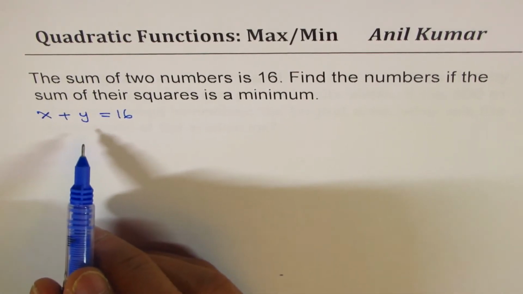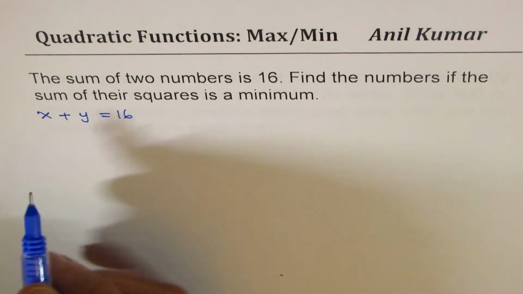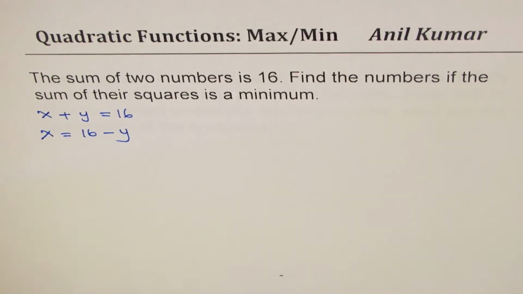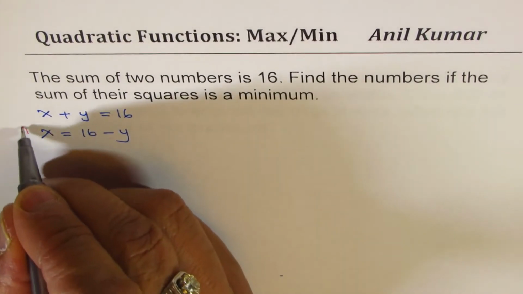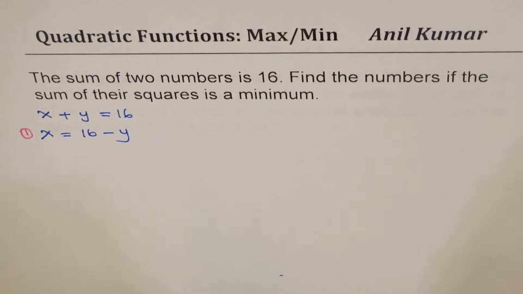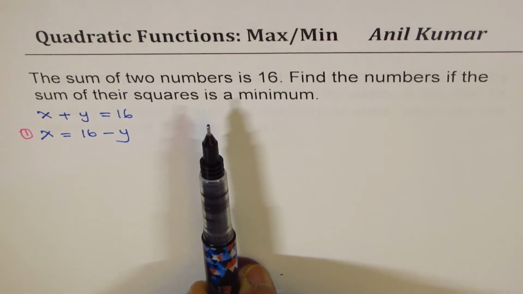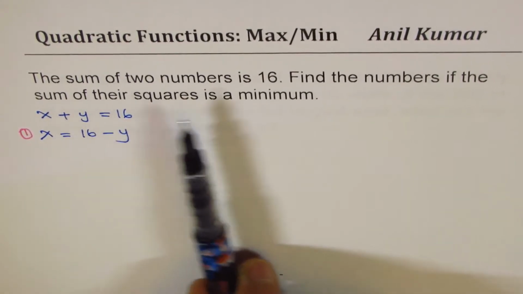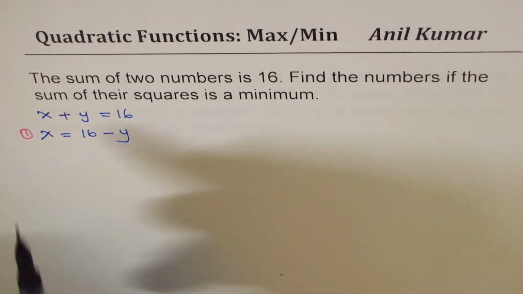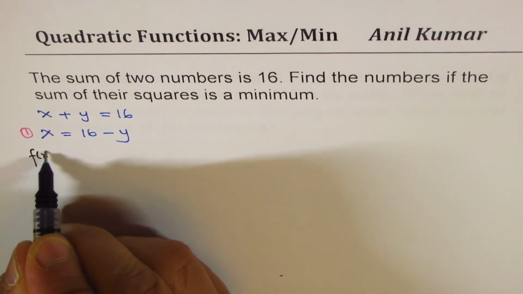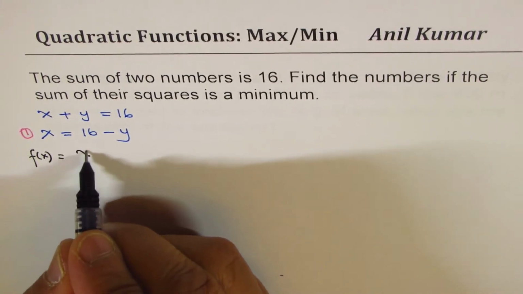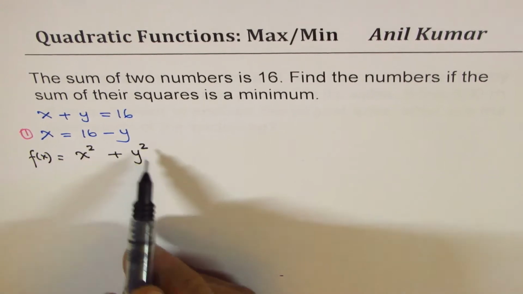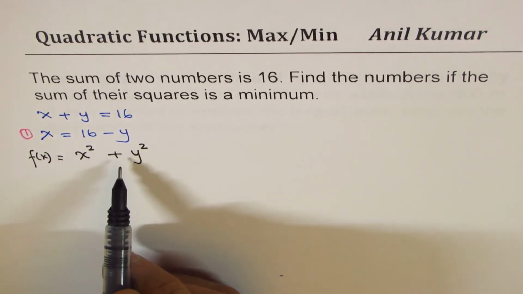First, we can isolate one of the variables: x equals 16 minus y. I'll call this equation number 1. Now from the second statement, we get the second equation, the sum of their squares. We write our function f of x as x squared plus y squared, and we want to minimize this function.